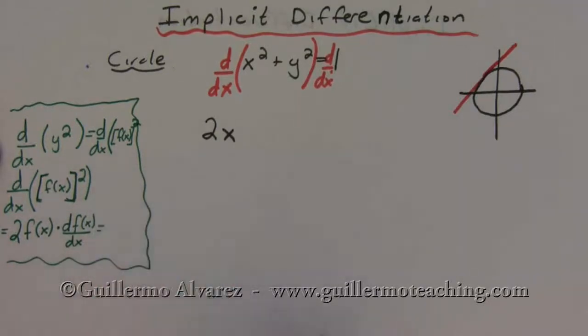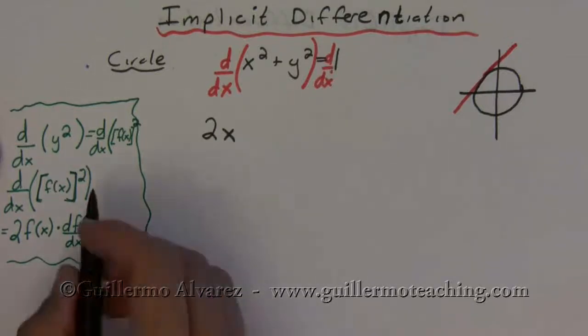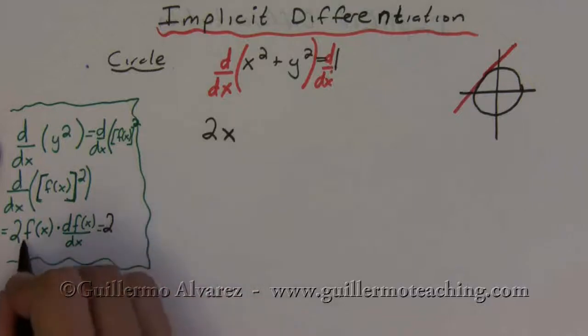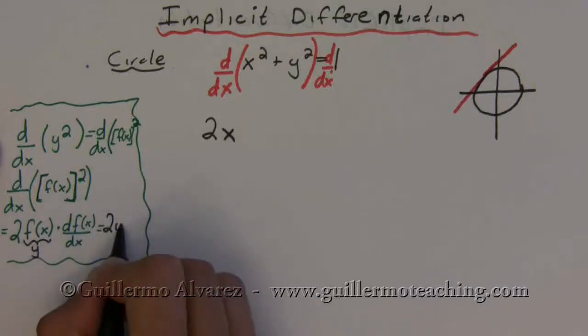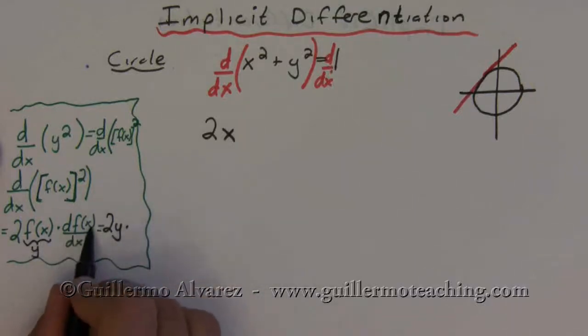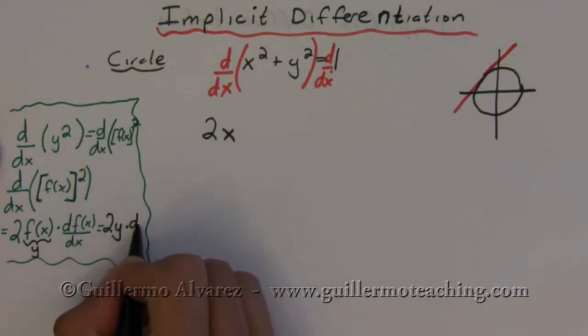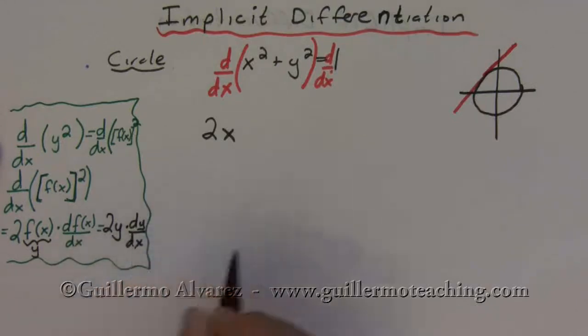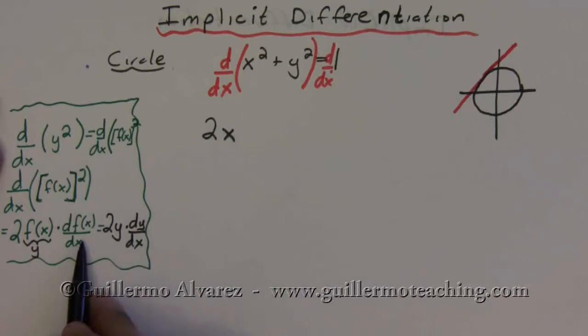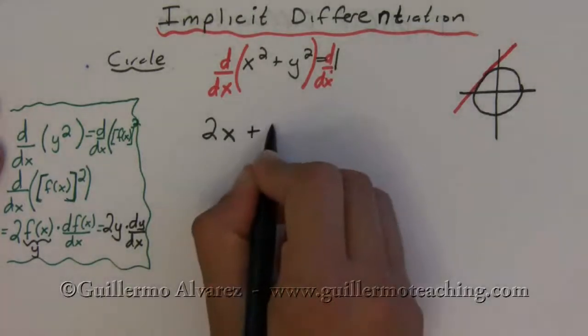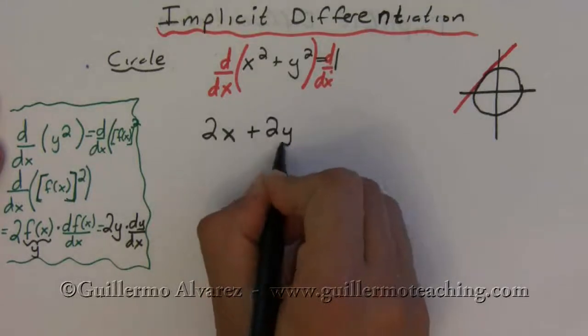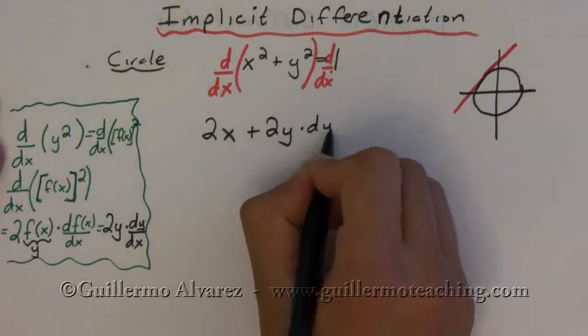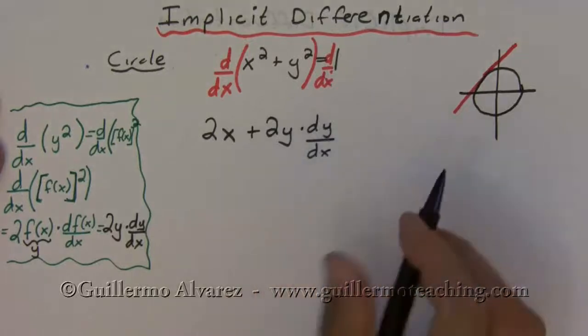And now if we rewrite it in a slightly different notation, we can write it as 2, now instead of f of x we'll put y, and instead of df of x over dx we'll put dy over dx. Different notation, but they mean the same thing. So the derivative of y squared is 2y dy over dx.